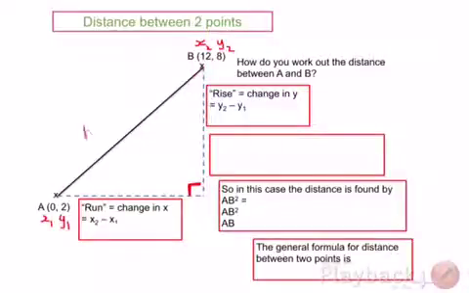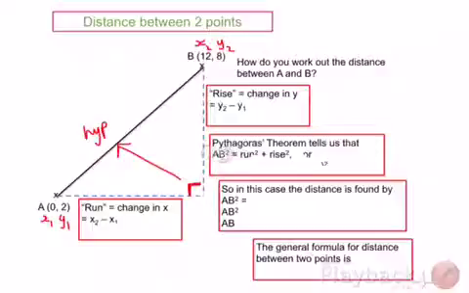So this side here becomes the hypotenuse, because it's opposite the right angle, and the hypotenuse squared is equal to the sum of the squares of the other two sides. So Pythagoras' theorem tells us that AB squared is going to be equal to the run squared plus the rise squared, or AB squared is equal to x2 minus x1 squared plus y2 minus y1 squared. And don't forget to square root it afterwards.